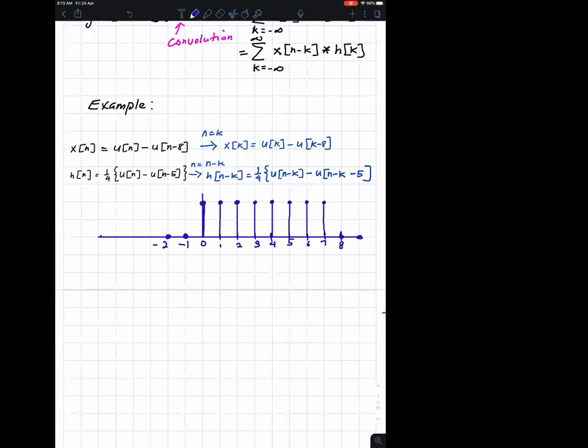So you should know how to plot this. If you don't, then you have to go step by step. First, you plot u[k], and then you subtract from that u[k minus 8].